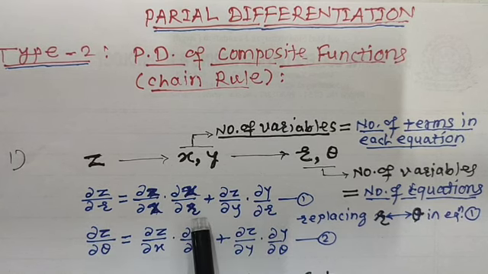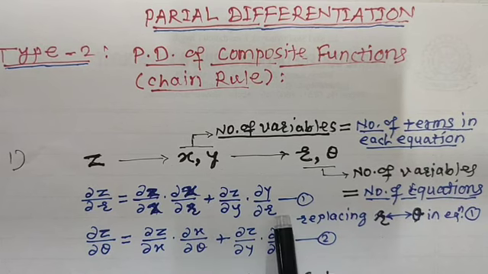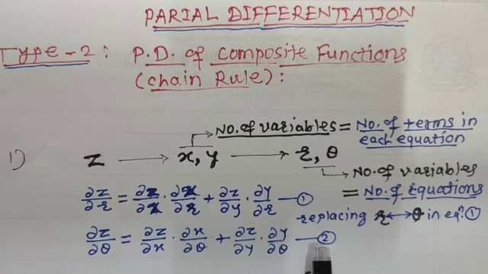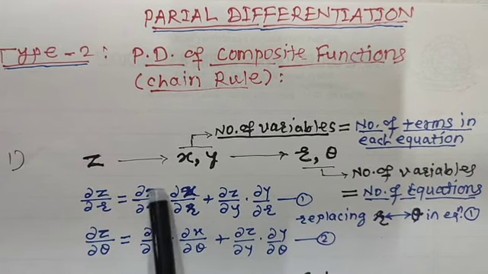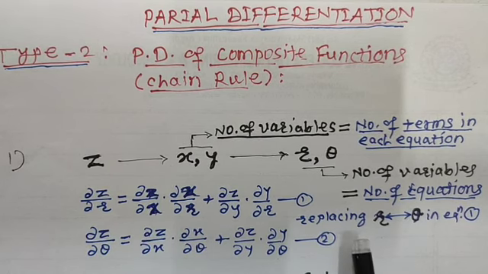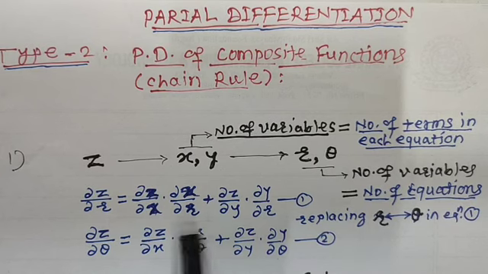In the first term r is replaced by theta, in the second term r is replaced by theta. This gives the second equation. By using these equations and the partial or ordinary differential coefficients, we have to find the differential coefficients using the given data, put that data in these two equations and get the result.